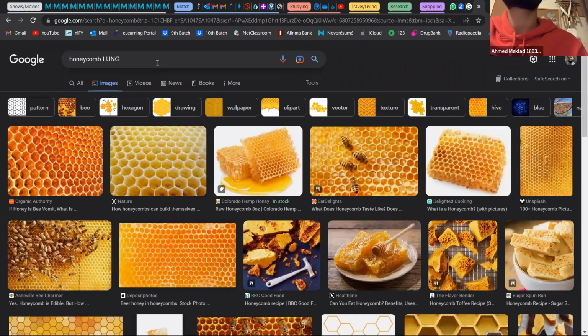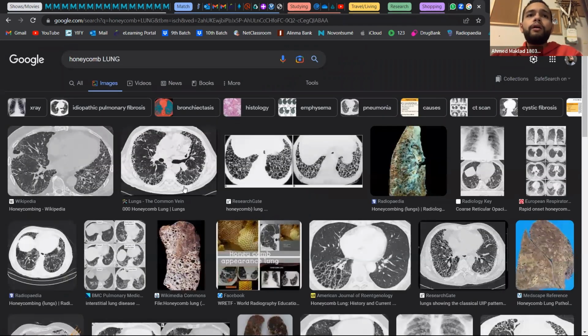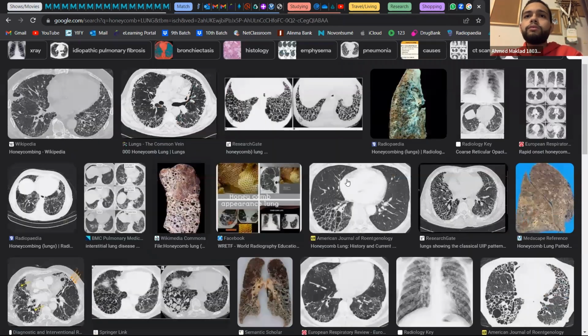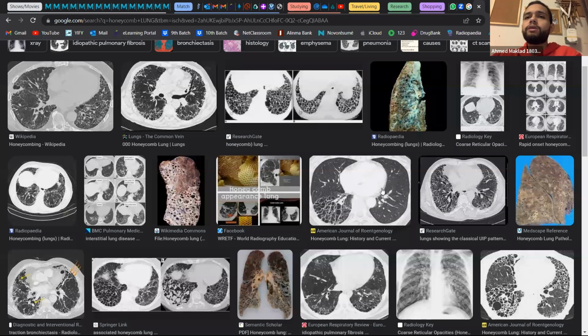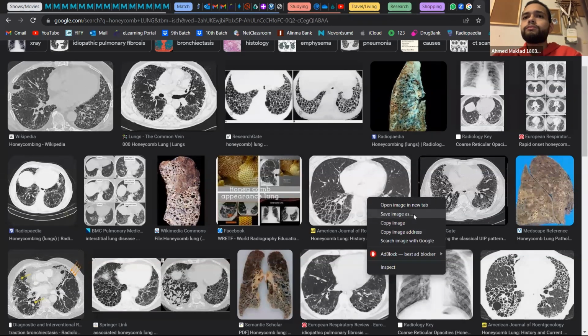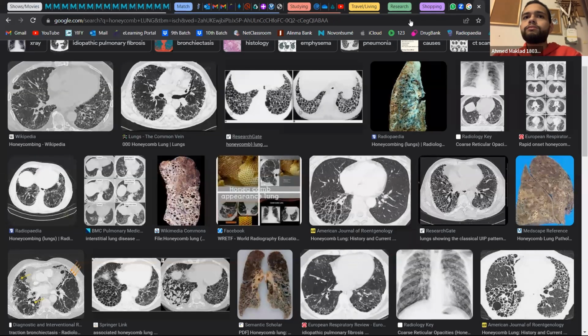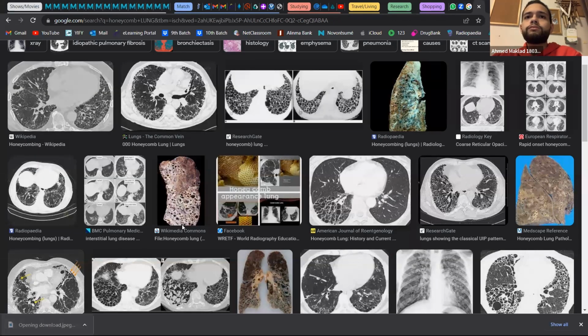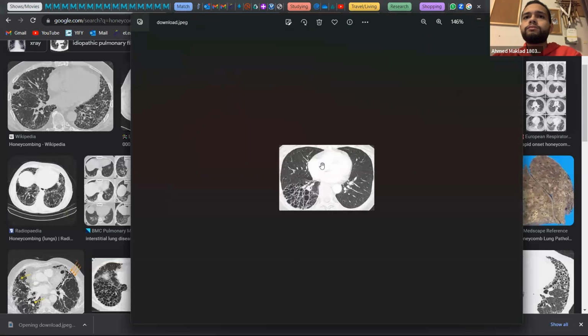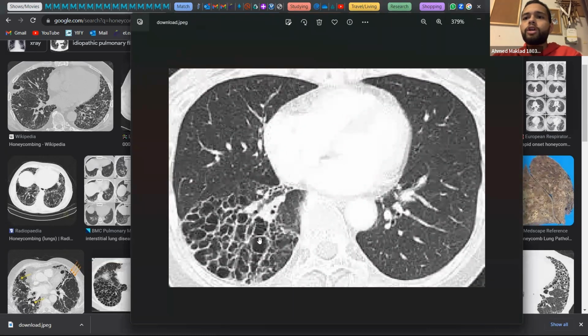Let me see if there's better imaging. Look at this. This is an amazing picture of honeycomb. Why is it not opening? Can you guys see this?